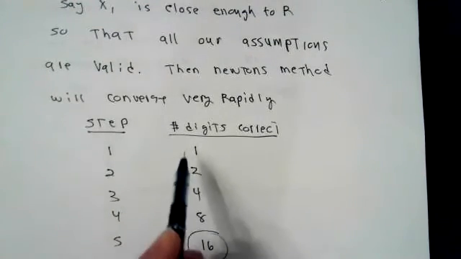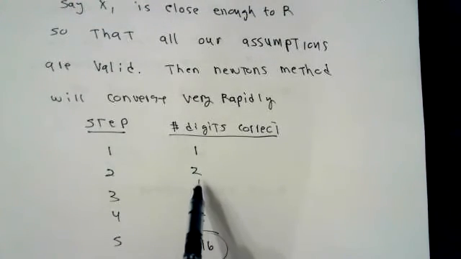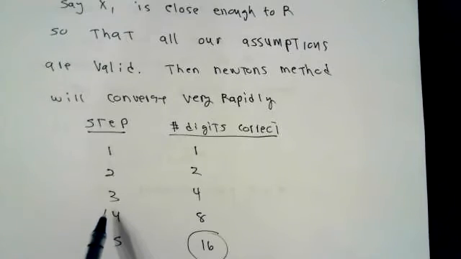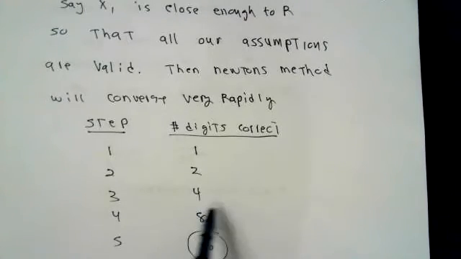At step 2, that doubles, and now you have 2. At step 3, that doubles again, and now you have 4. At step 4, you'll have 8 digits correct, and at step 5, you'll have 16 digits correct, which, as we know now, is approximately full double precision accuracy.